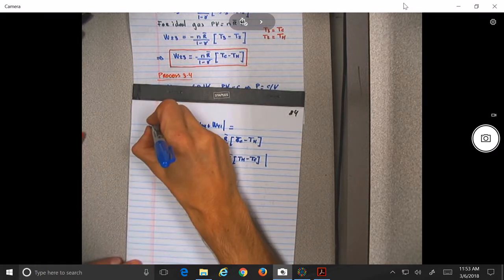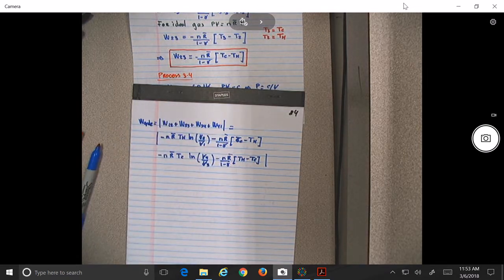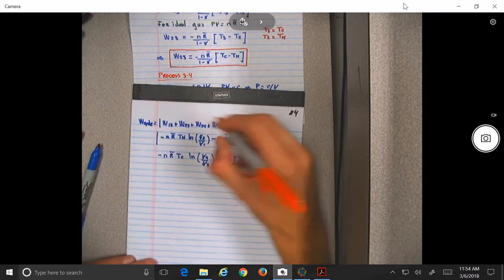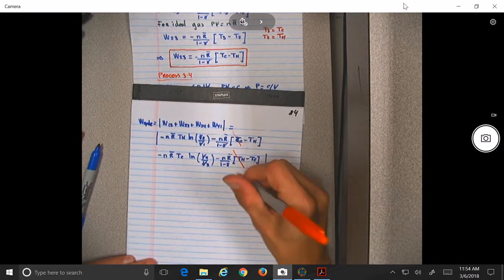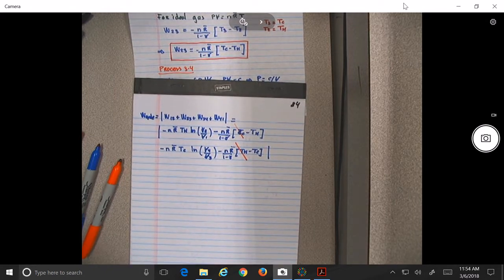Okay, and let me call this, to simplify our notation, work cycle. So what's going to happen over here? Those two terms cancel out, no? One is T cold minus T hot, the other one is T hot minus T cold. Okay?